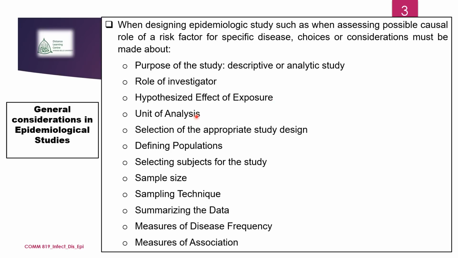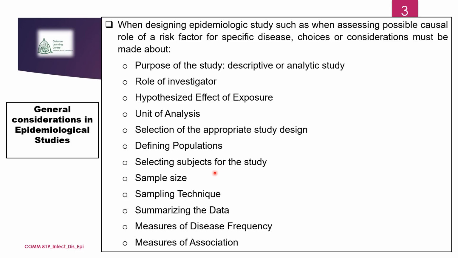Then what's your unit of analysis? Is it at the community level or at individual level? Then selection of the appropriate study design for the study. You need to put that into consideration. Then defining your population of study. That has to be put into consideration.